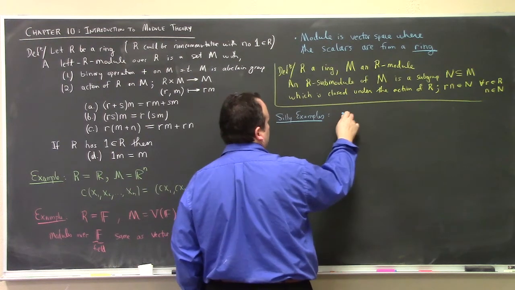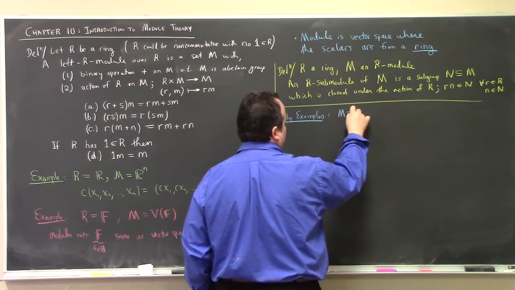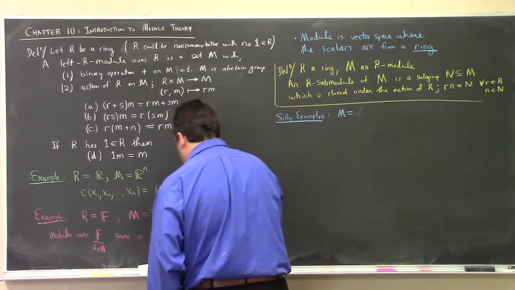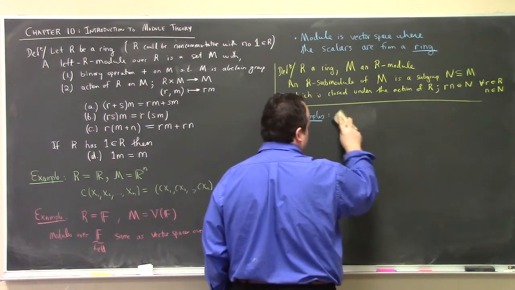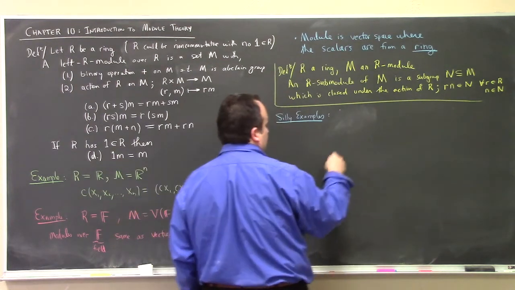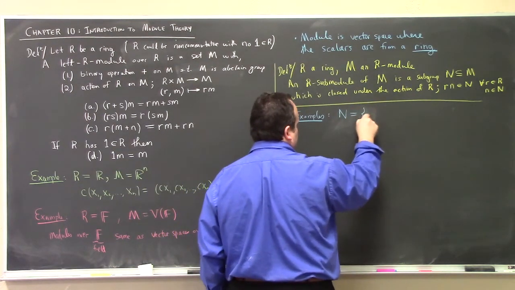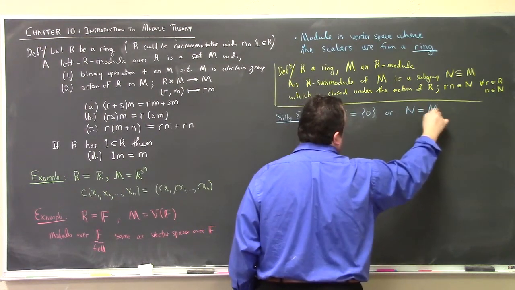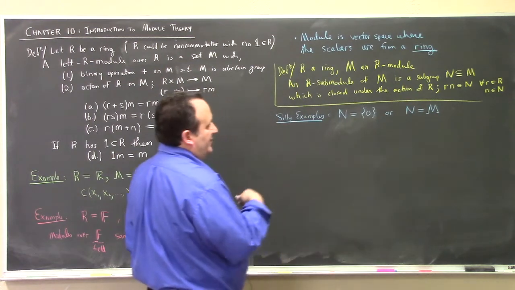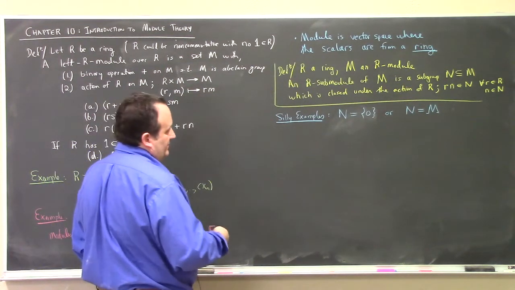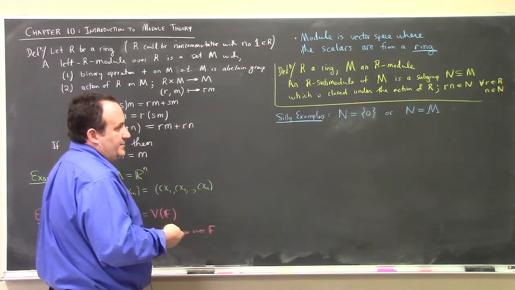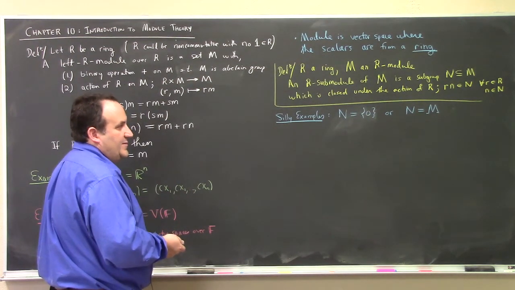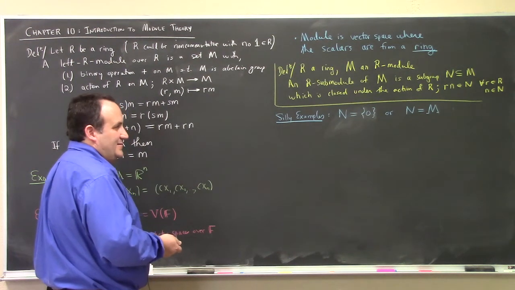You could have N equal to 0, or you could have N equal to M. Those are both subgroups of an abelian group M. Either the zero group or the whole group, they're subgroups, and they're going to be closed.